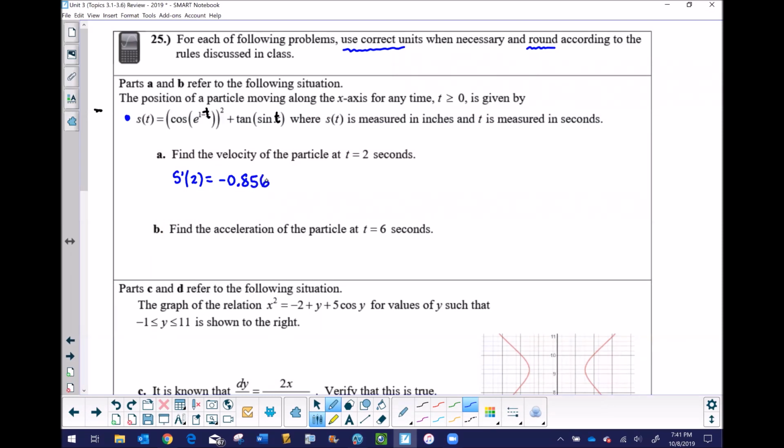If you put an answer anywhere between negative 0.8 and negative 0.9, I will give you a point. If you're in the ballpark, I give you 1 point. If you round it to 3 places or truncate it and include the correct label, which is inches per second, both of those two things would be worth the second point tomorrow.